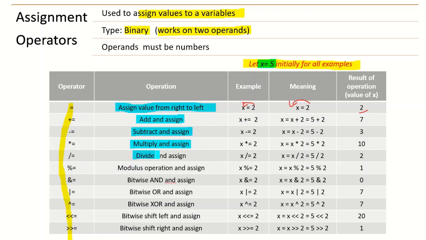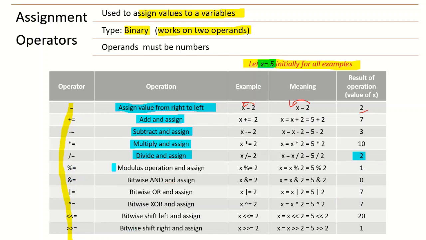Slash equal to, which is divide and assign. X slash equal to 2, x is equal to x slash 2 equal to 5 slash 2. The result is 2. We are assuming it as integer, so the result is 2. 5 by 2 equal to 2.